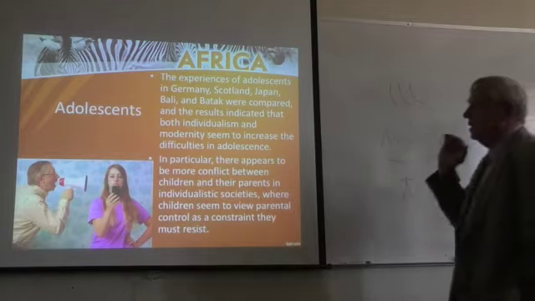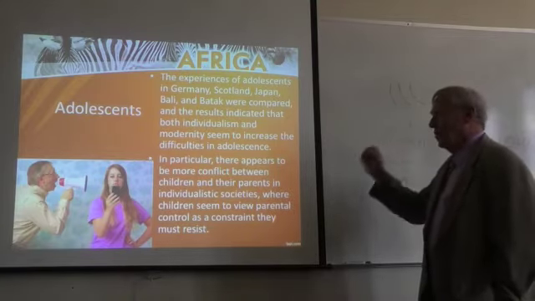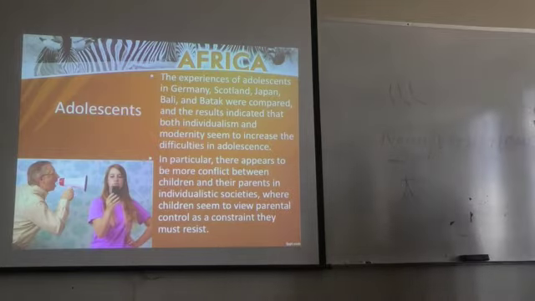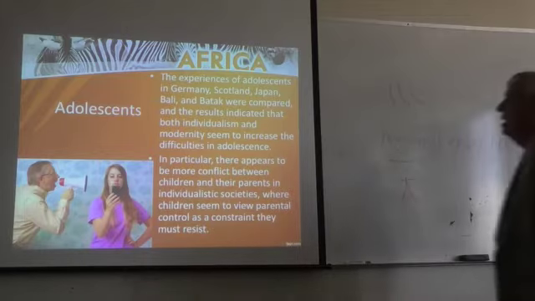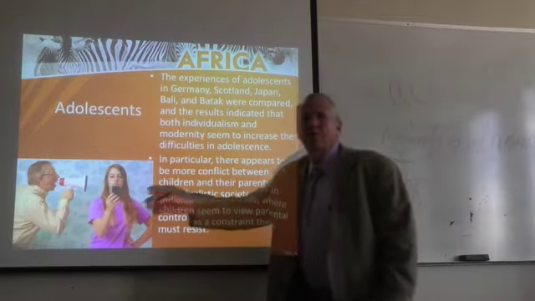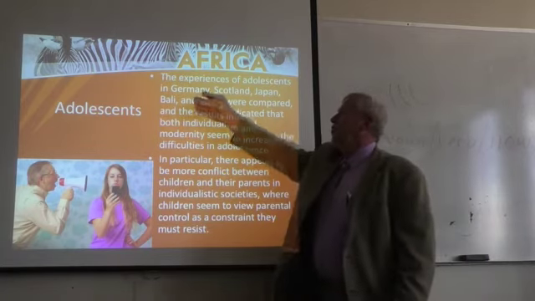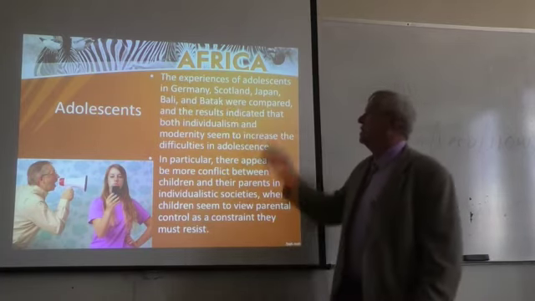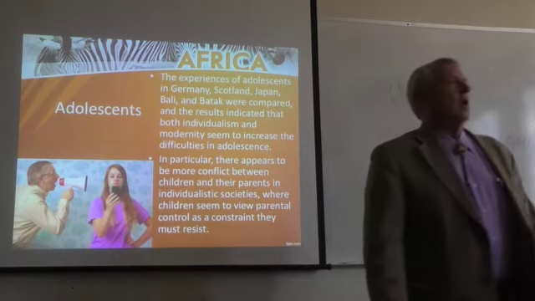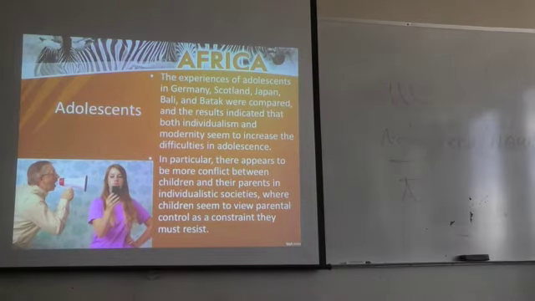In particular, there appears to be more conflict between children and their parents in individualistic societies where children seem to view parental control as a constraint they must resist. Okay, so the more individualistic the society, the more likely that they will view adolescence as a time of rebellion. Primarily Germany and Scotland in this group. The rest of them are collectivist countries.